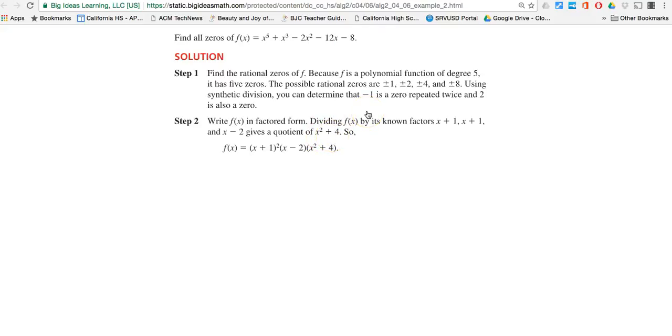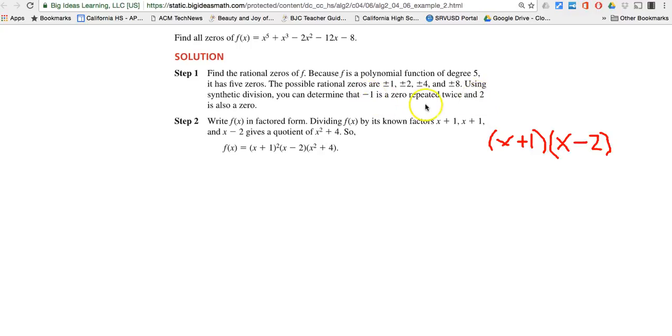So again, since -1 is a solution, we know that our factor had to be x plus 1. And also, since 2 was a solution, we know that one of our factors was x minus 2. Remember, our factors are always the opposite of our solutions.